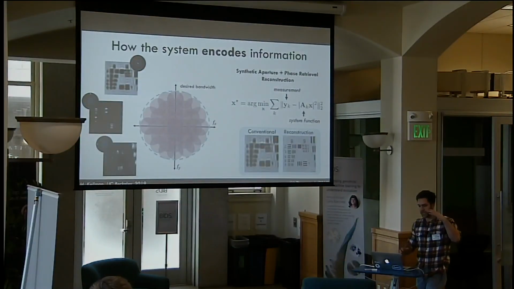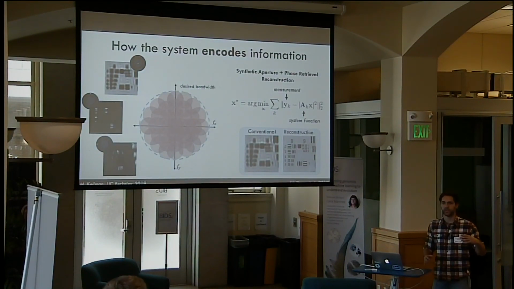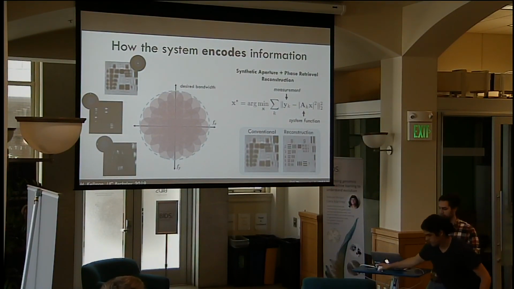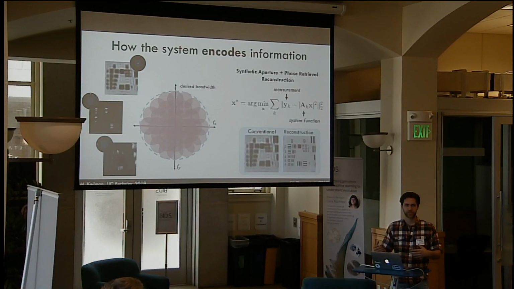So the LED is a point source that is far away enough that it emits what we consider a tilted plane wave at the sample. The product of the sample's transmittance function with that plane wave causes a shift in Fourier space, modulating the sample's spatial frequencies into the passband of the microscope.